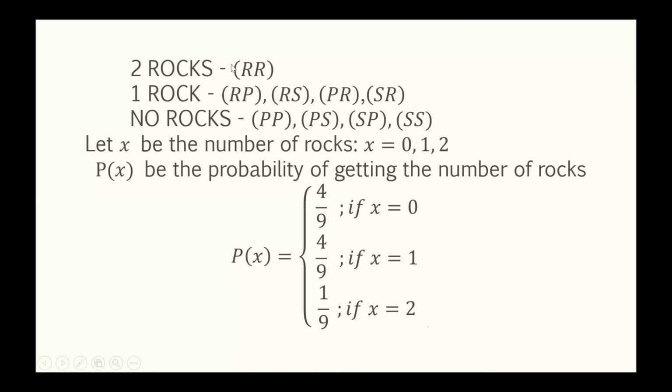If we have 2 as the number of rocks, we have 1 over 9. There's only one outcome out of 9. So this one is the probability distribution function: P of x is equal to 4 over 9 if x is equal to 0, 4 over 9 if x is equal to 1, and 1 over 9 if x is equal to 2.